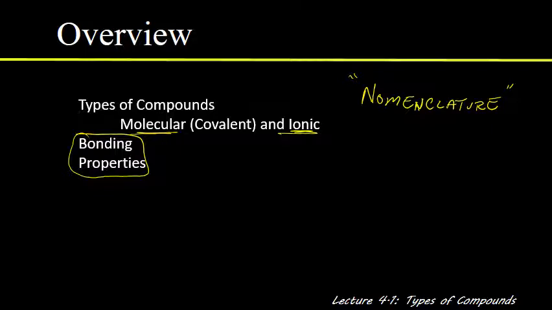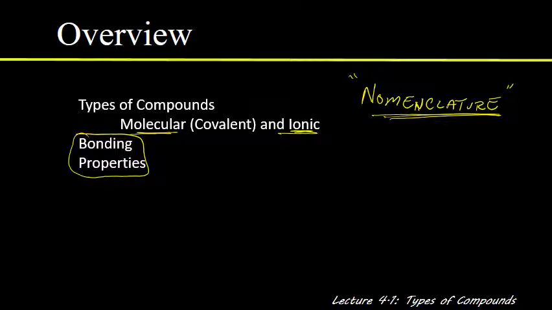But underneath that, nomenclature is also related to classifying different compounds. Different types of compounds have different naming systems, so in order to name them properly, you have to be able to look at a compound and tell what kind of compound it is. And understanding what kind of compound it is tells you something about its properties.